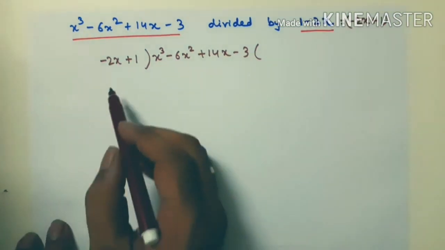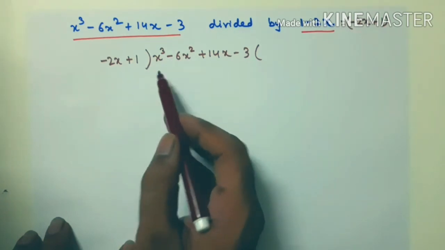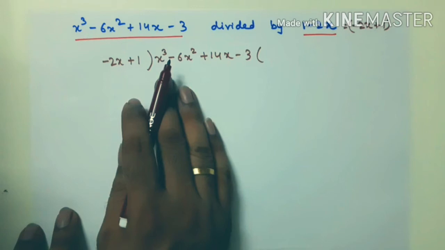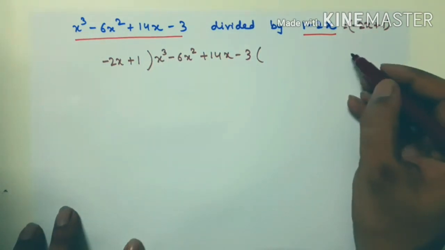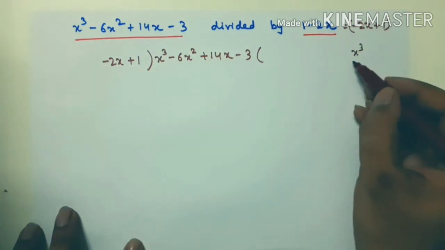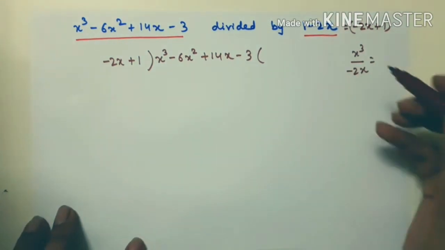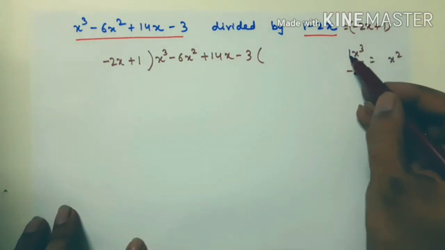So here we have minus 2x and here we have x to the power of 3. Now here you have to see minus 2x into how much will give you x to the power of 3. So we can do in the reverse, just we will divide. So x to the power of 3 divided by minus 2x, how much will we get? Now x to the power of 3 by x gives you x to the power of 2. Now here we have nothing, so we have 1.